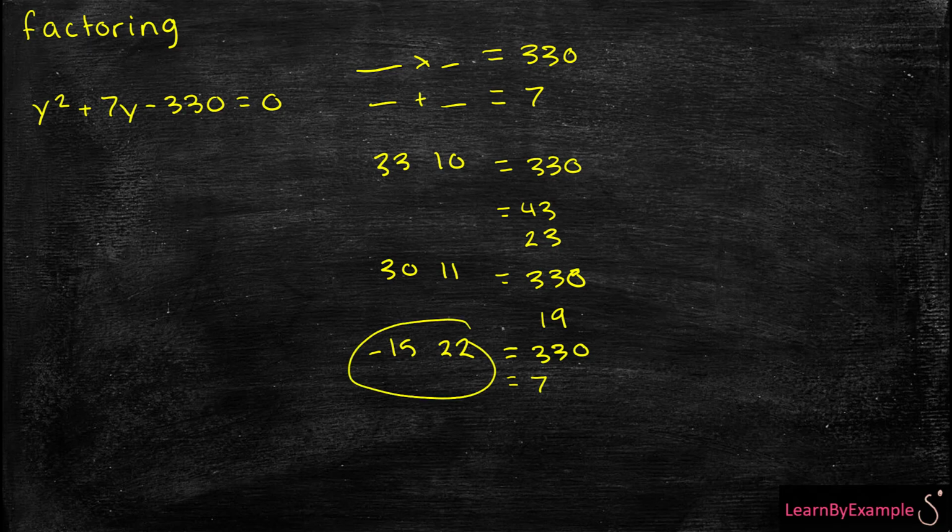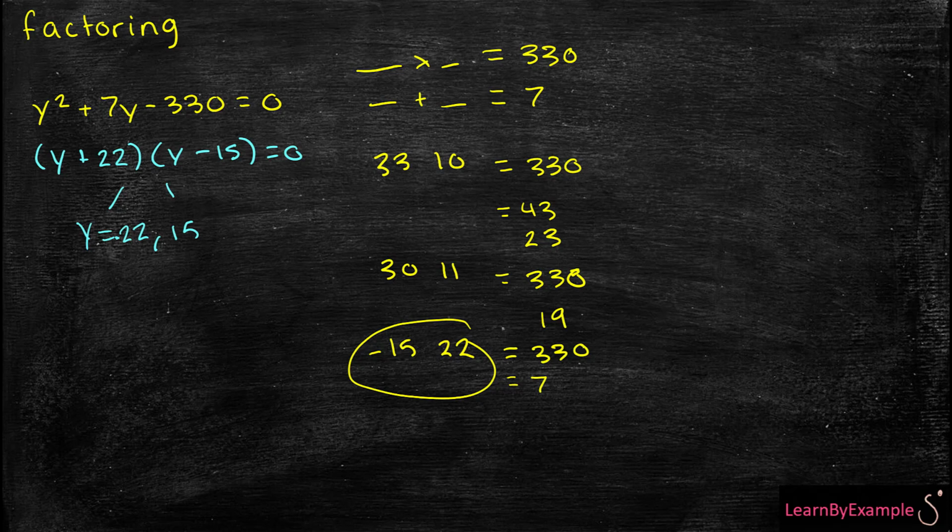Now, how do you write this? You want to put it in factored form. So you can write out, open the bracket, y plus 22, y minus 15 equals 0. When you solve this, y is equal to negative 22 or 15. Which number do we know is y?